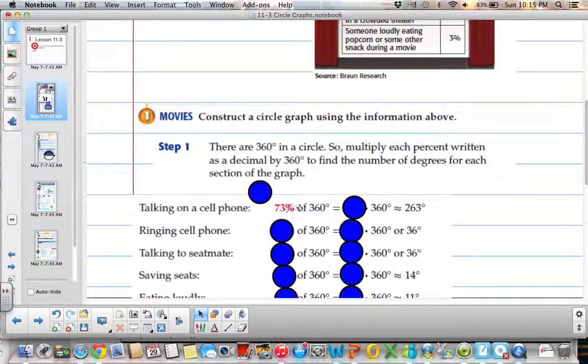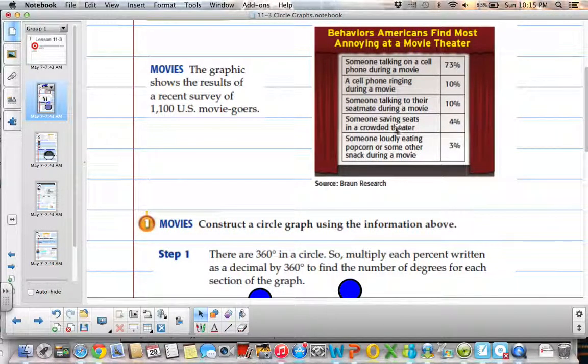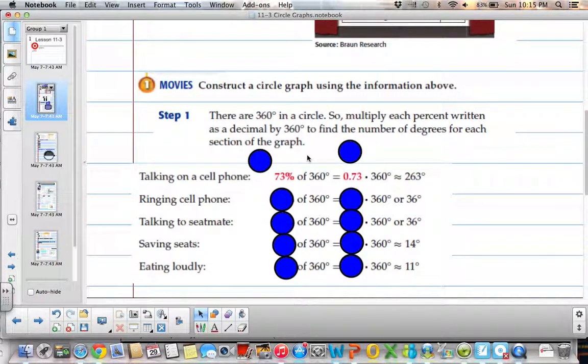And if you remember, to take a percentage of a number, we change the percent to a decimal and then multiply it by 360. So this tells us that 263 degrees of our circle that we create is going to be for someone talking on a cell phone during a movie. So we do that with each one.